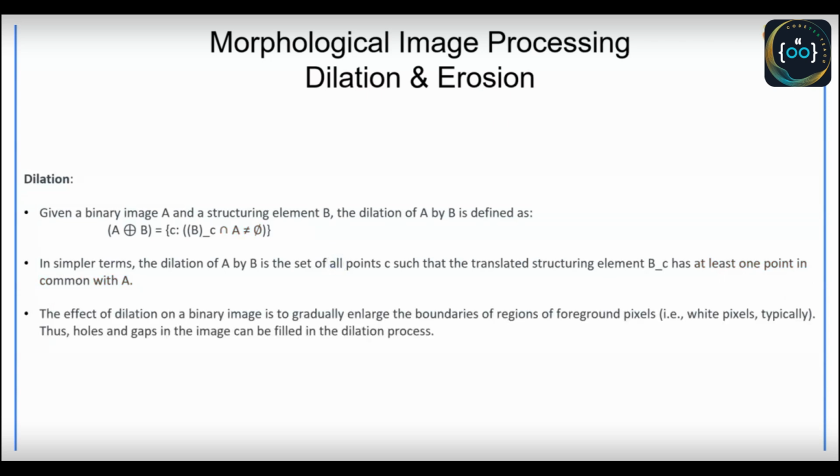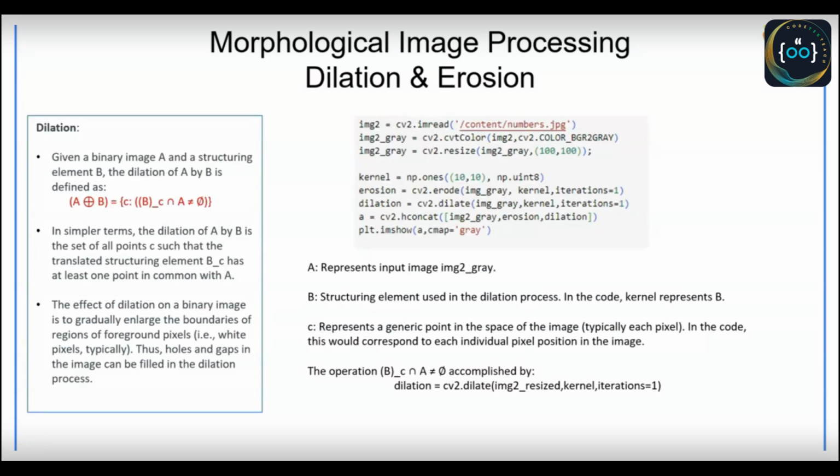If the structuring element fits at a particular location in the image, meaning there is at least one pixel of overlap, then the pixel at that location in the output image will be set to the foreground color, typically white, in a binary image. How do we correlate the symbols and the mathematical formula to the code?